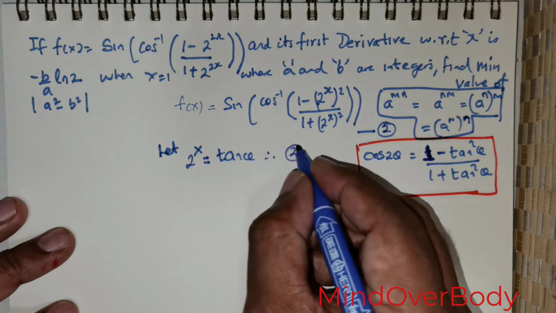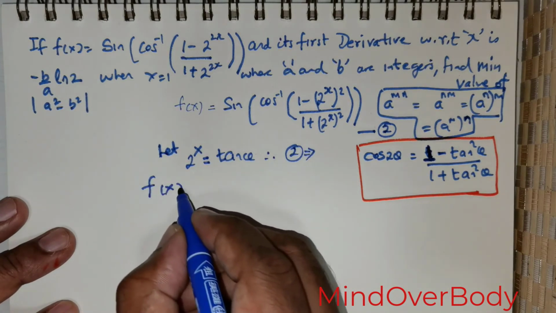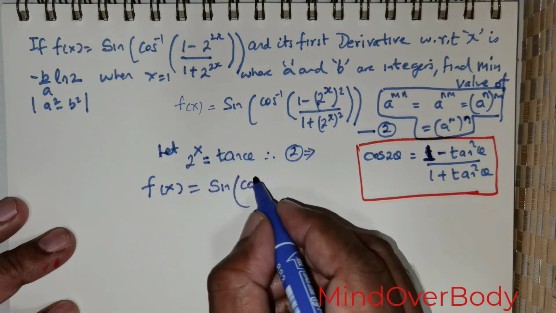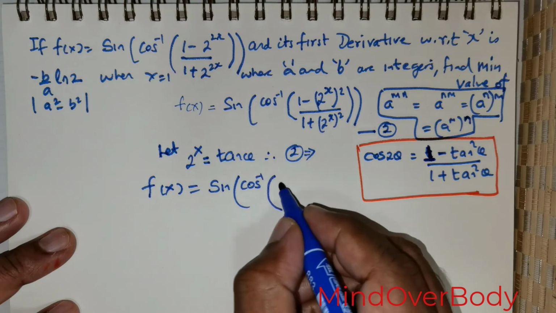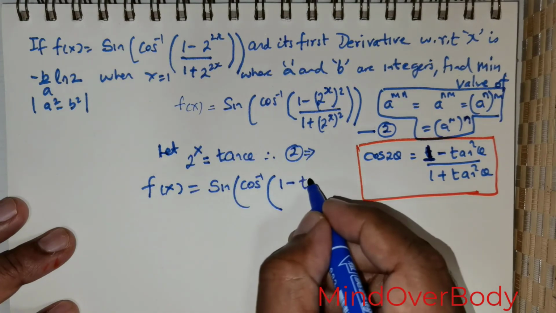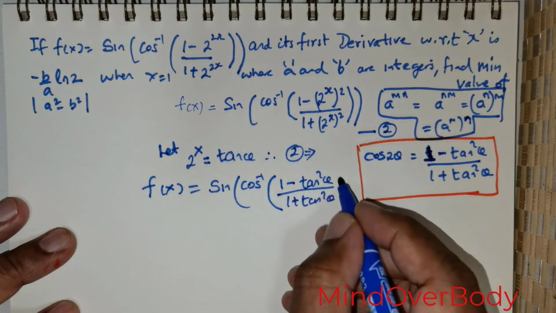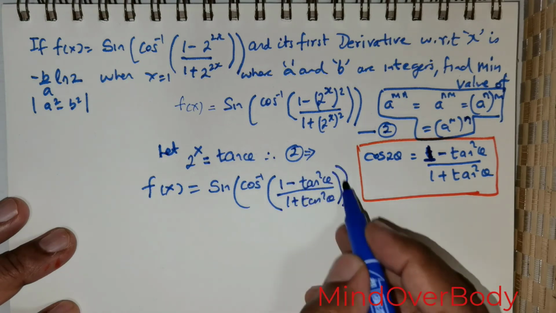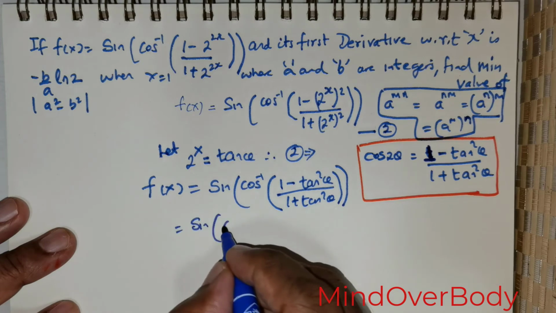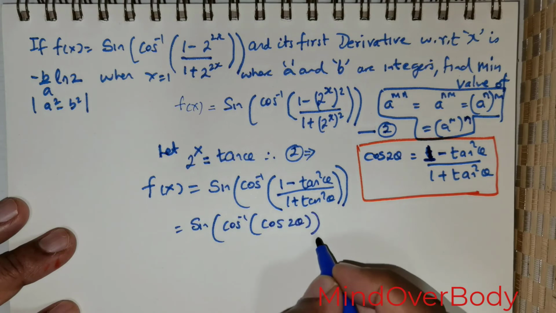So therefore f of x is equal to sine of cos inverse of 1 negative tan squared theta divided by 1 positive tan squared theta, since 2 raised to the power of x is tan theta. So this would mean cos 2 theta. So this is equal to sine of cos inverse of cos 2 theta.